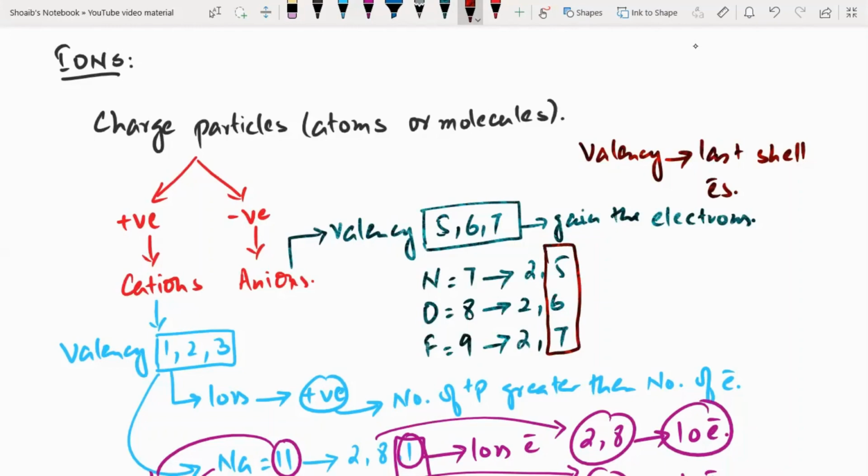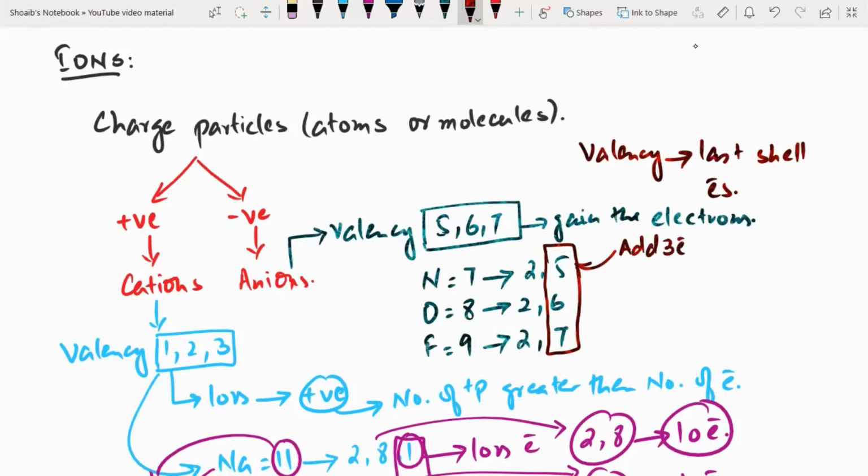And as I mentioned earlier, when the valency is 5, 6, 7, the electrons are easier to gain. According to the octet rule, 8 electrons must be complete. So the 5 will gain electrons to make 8, meaning we add 3 electrons.